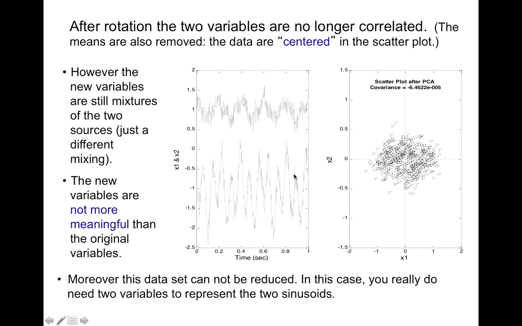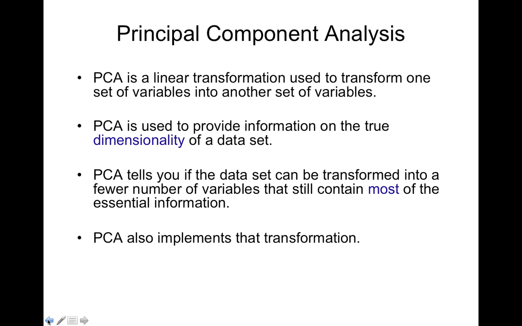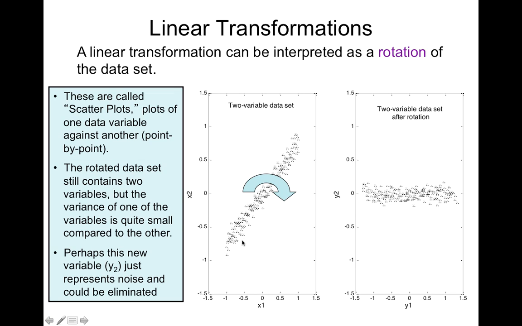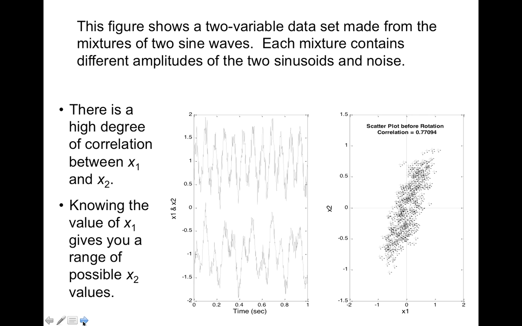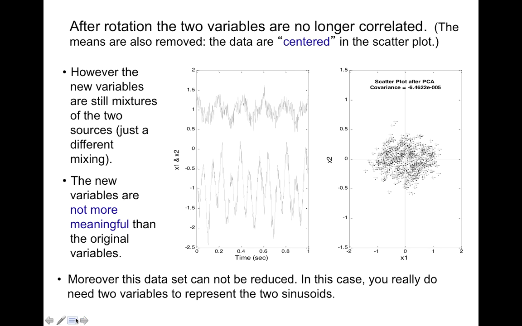So I want you to contrast this case, with this kind of scatter plot and these variables yielded after principal component analysis, with the case where we had a two variable data set that, once rotation of the data occurred, we could see clearly could be reduced down to a one variable data set. So sometimes principal component analysis and a linear transformation can be very useful. Other times it's not necessarily so useful.